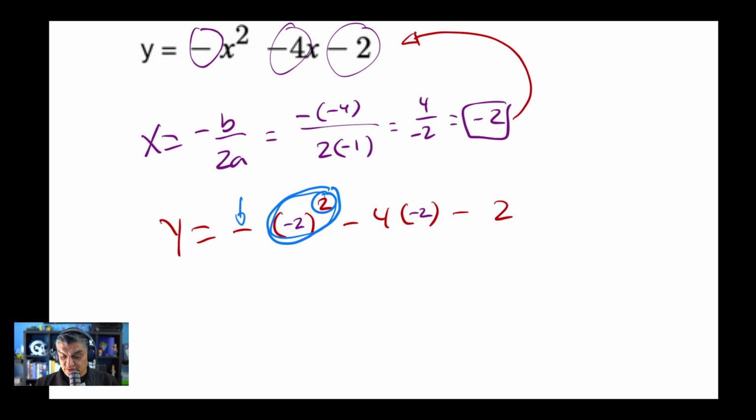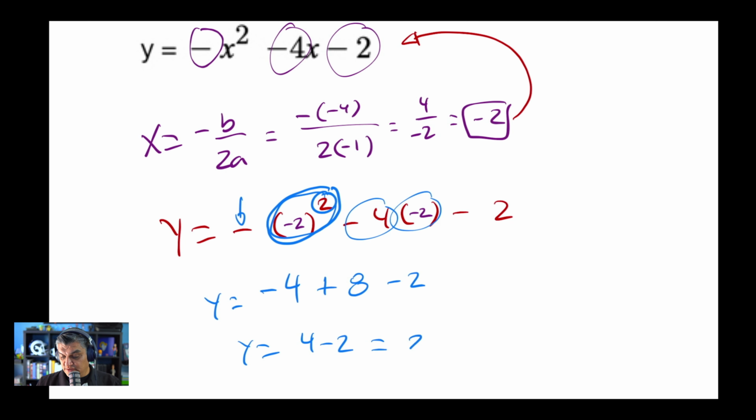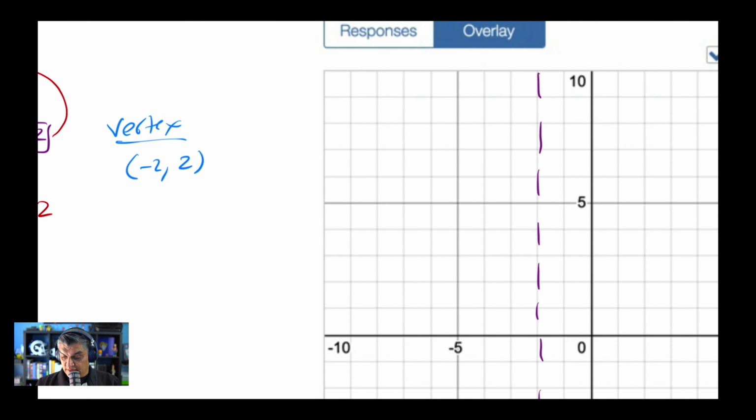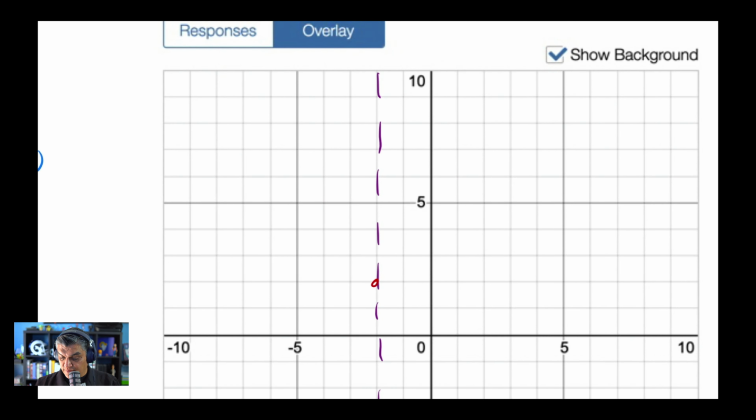So I'm only squaring negative 2, which is positive 4, and then I bring down that negative. And then negative 4 times negative 2 is positive 8, or plus 8 minus 2. And so y equals negative 4 plus 8 is 4 minus 2, which is 2. So my vertex is negative 2. That's the x value. And we just found the y value, 2. So negative 2, 2. So it's right here. And I think most of you got that vertex.